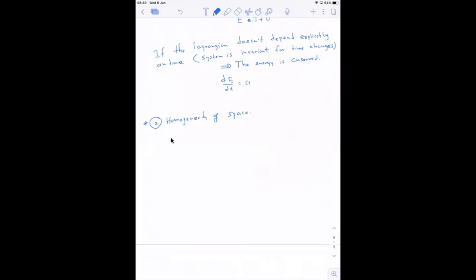So what is homogeneity of a space? That means when you translate a system by some amount, it will not change, right?